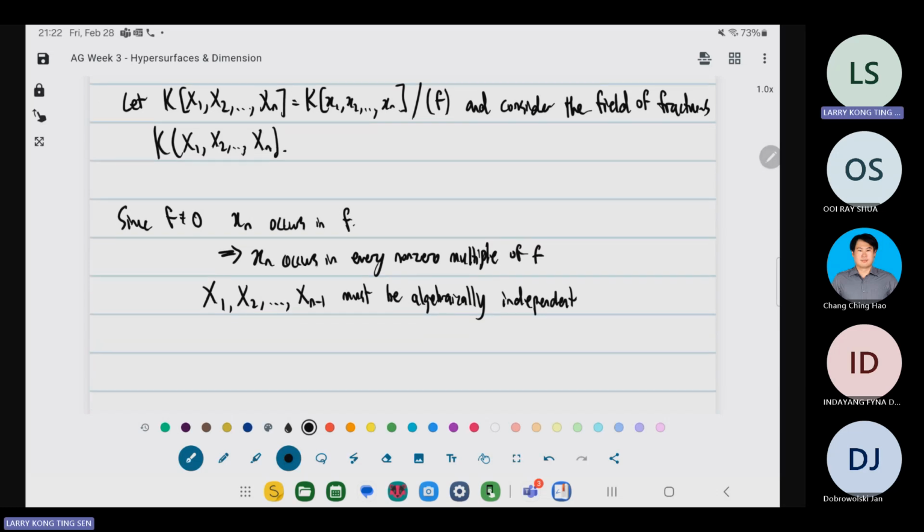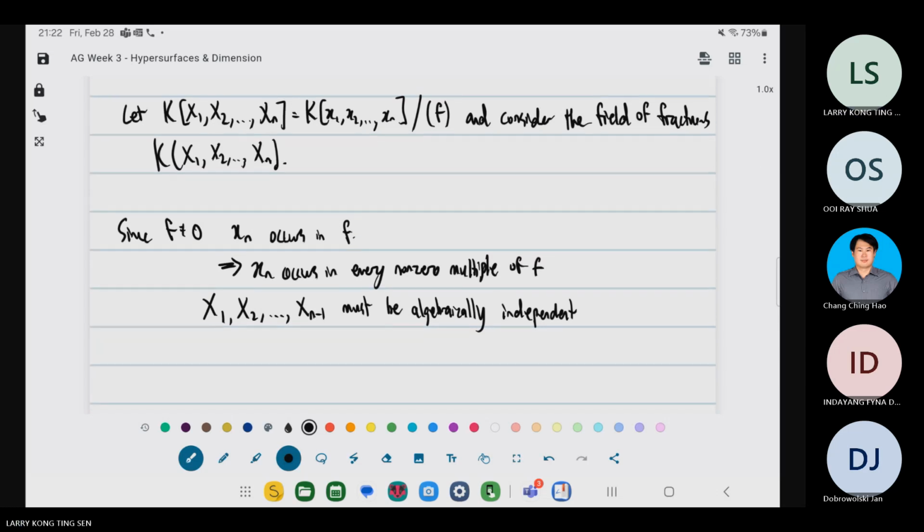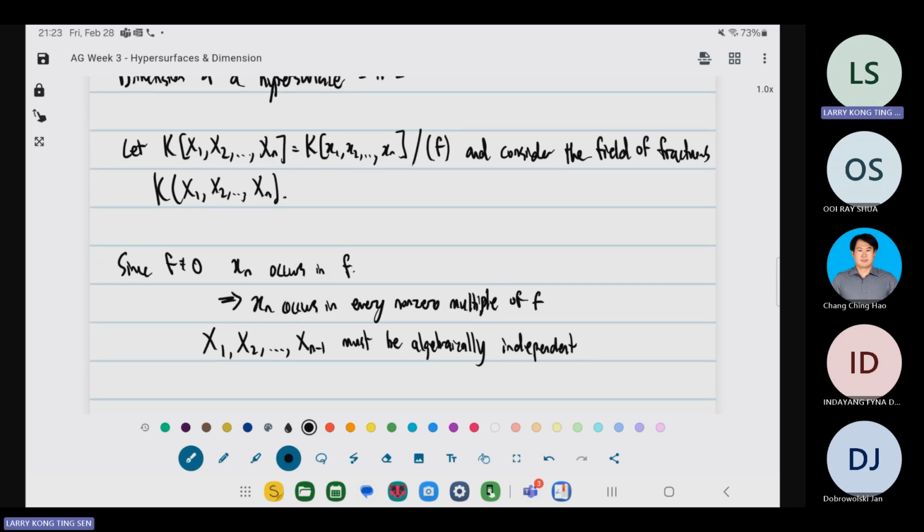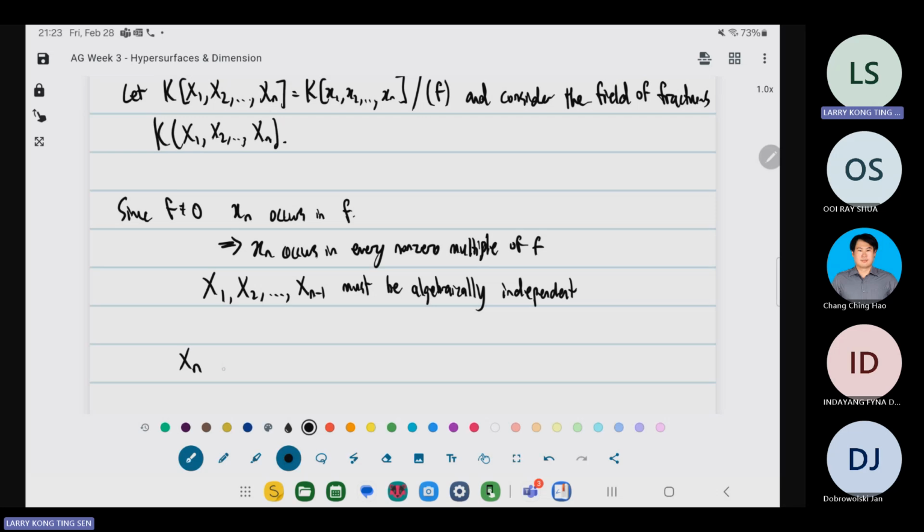But on the other hand, since what we have is this polynomial before, this means that xn itself in turn is algebraic over k(x1, x2, until xn minus 1).